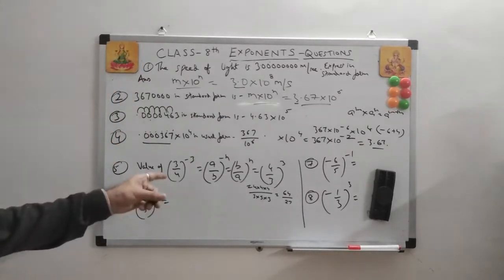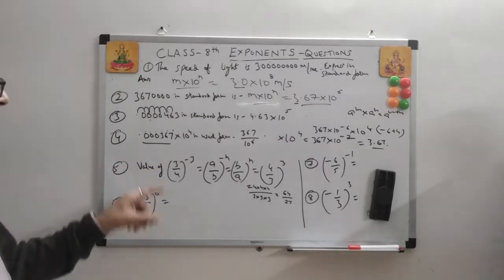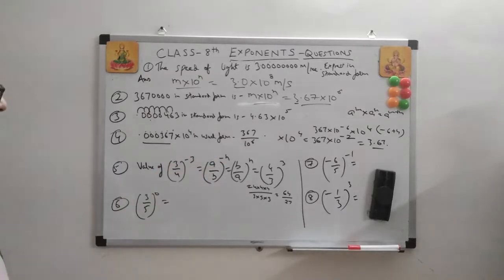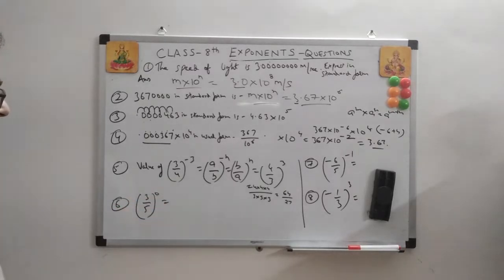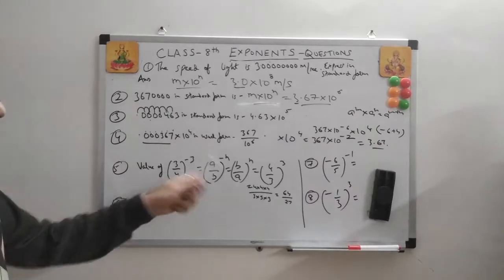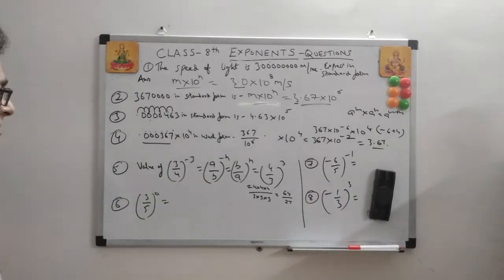This is the answer. I told you one of the laws: a upon b to the power minus n can be b upon a to the power n. Instead of minus n, it will be n. Unless there is a positive sign, you don't need to do this. But if there is a negative sign, then you always bring it to positive by reversing, or making it a reciprocal. So this is it.